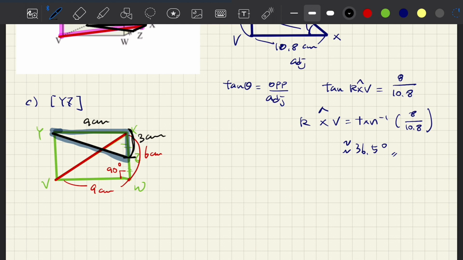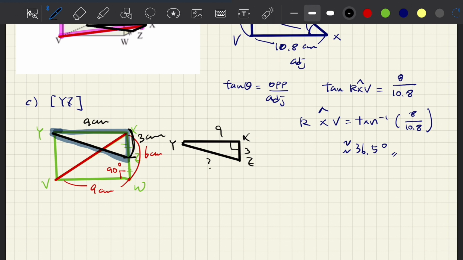Then we know there is a triangle happening like this. This is Y, this is X, this is Z. So 9 and 3. We're trying to find this hypotenuse. Since this is a right triangle, we can simply use the Pythagorean theorem.